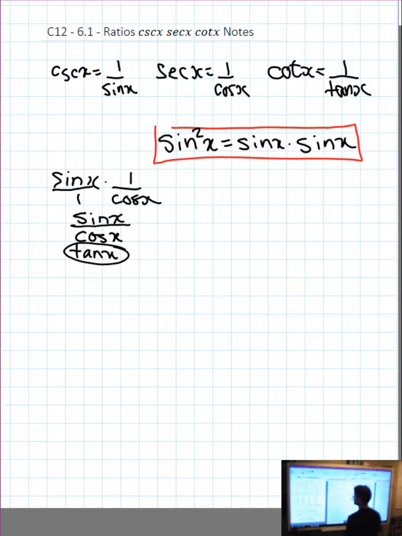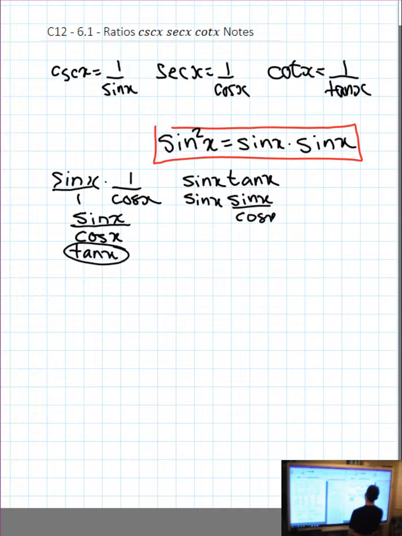So, an example off to the right, sine x times tan x. Notice they're just right side by side, doesn't matter. And I know tan x from the previous example or from the formula sheet is sine over cos, so I'm going to rewrite sine x. And I'm going to replace tan x with sine x over cos x. So that simplifies to be sine x times sine x is sine squared x.